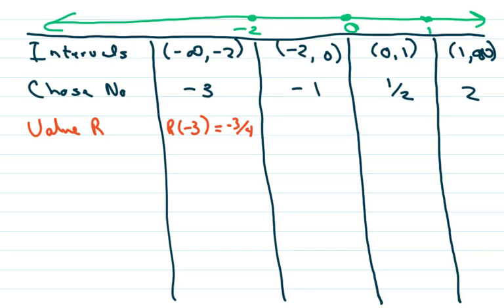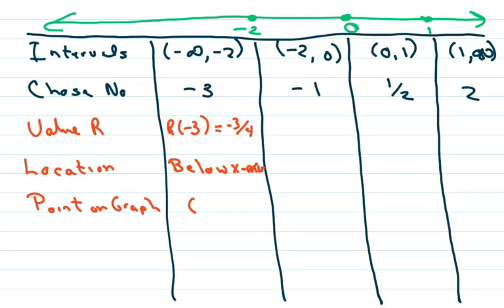That means the location on the graph is below the x-axis. And therefore the point on the graph would be (-3, -3/4).